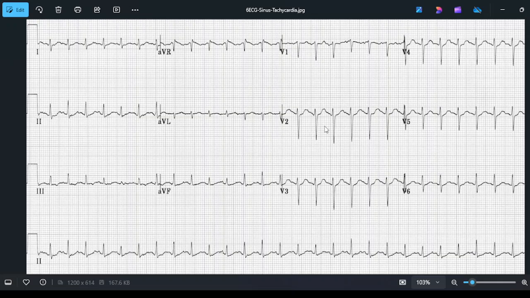The only thing we have to check here is the RR period, the R wave to R wave. You can follow my cursor.